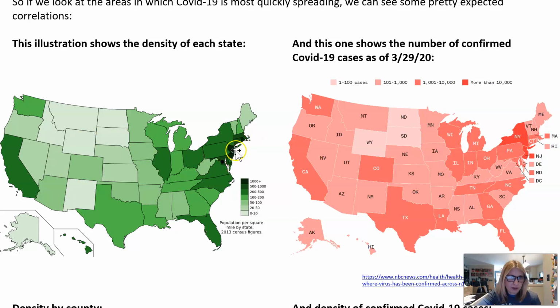So here's New Jersey, which is a very dense state, as we talked about before. Now, I went and grabbed this map yesterday, 3/29, because I'm making this video on Monday the 30th. So on Sunday, March 29th, I grabbed this, and OMG, you can totally see that the density of the state is related to how quickly COVID is spreading throughout that state.